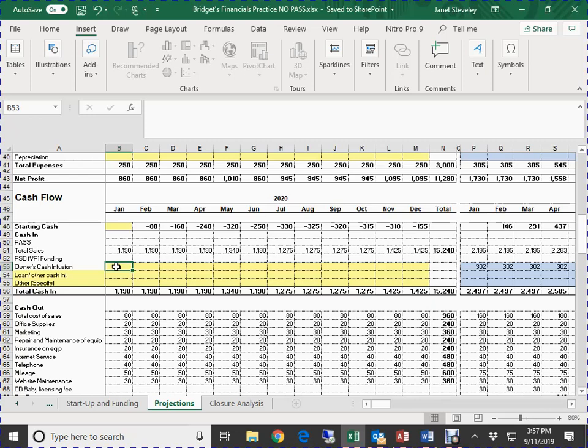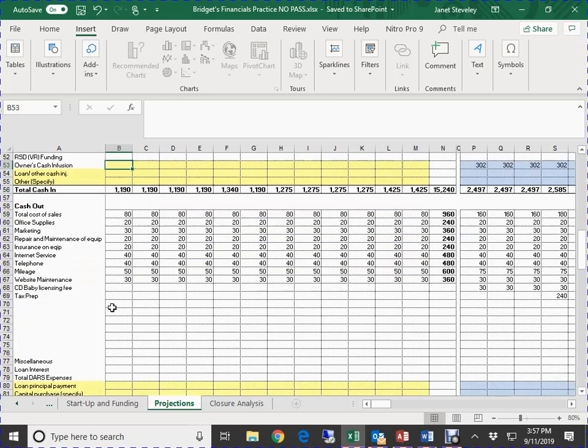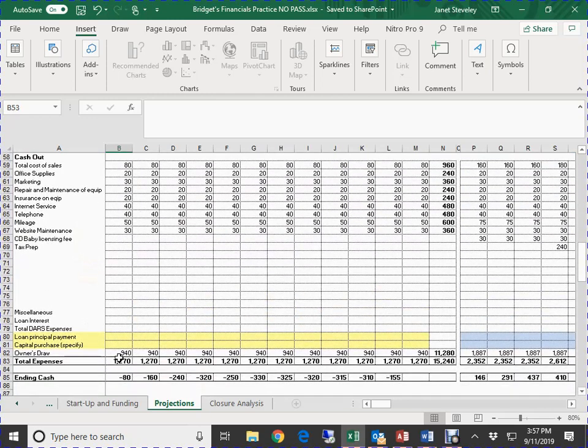So let's say that I've talked through this with Bridget, and she's agreed to only take a $500 owner's draw for the first 6 months of business operation. So that gives her some additional income from her work, but it also leaves more money in her business account. If I go back down and look down here, the owner's draw that it's showing is $940 a month.